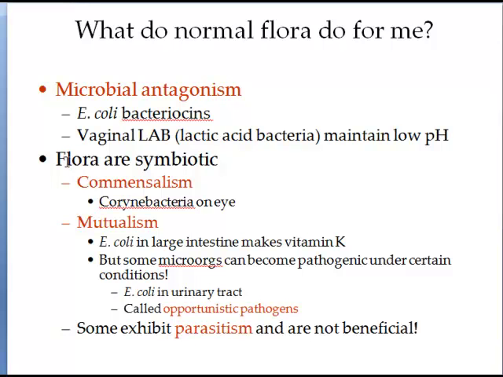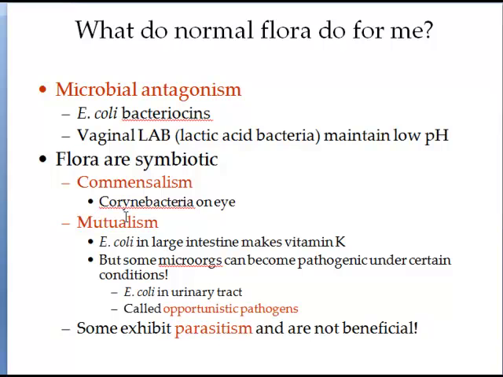We will talk about different relationships here. A flora can be symbiotic. Symbiotic means that the relationship between the normal microbiota and the host is such that two organisms are living in which one organism is dependent on the other. And this kind of relationship is called commensalism.